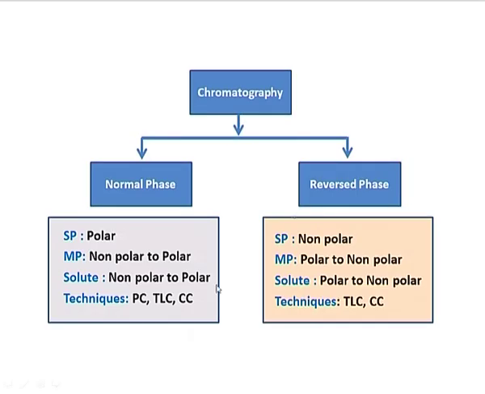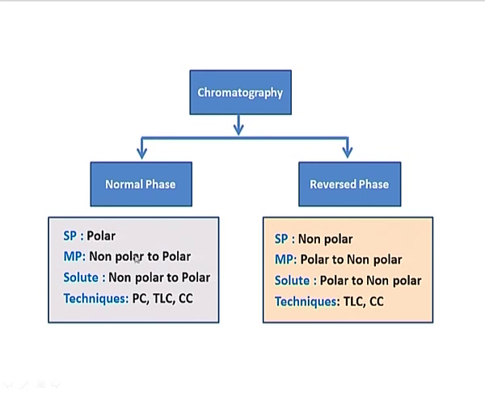But in case of thin layer chromatography and column chromatography, broadly you can pick two types of stationary phase. In one case, you pick a stationary phase which is very polar, more polar than the substances to be eluted.